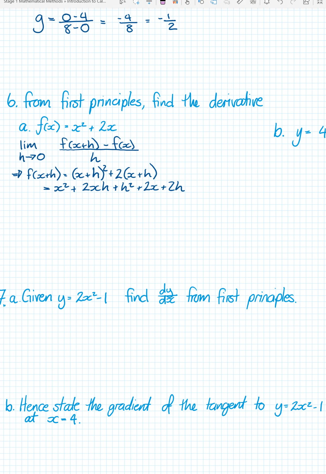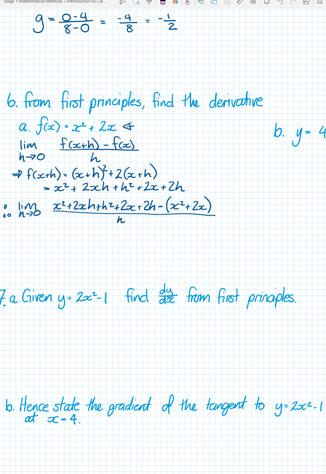Putting this into our first principles formula, the derivative is the limit as h approaches 0 of x squared plus 2xh plus h squared plus 2x plus 2h minus our original function up here. We'll put brackets around it so we don't get confused about our negatives, and all of that divided by h.